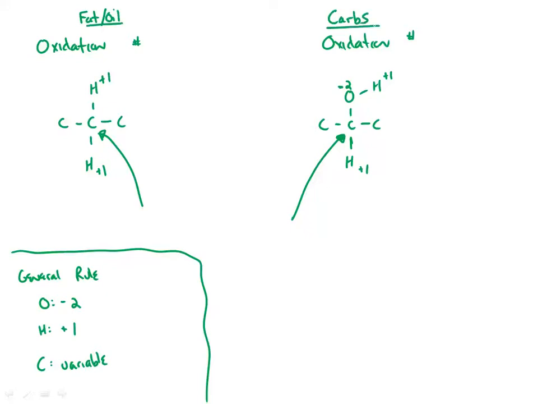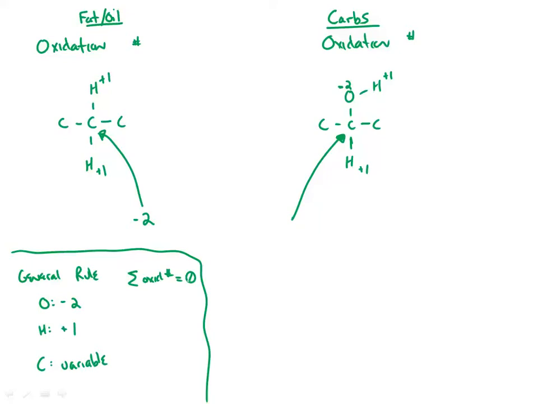If the hydrogens are +1, the carbon has to be a -2, right? Because remember, the sum of the oxidation numbers has to be 0, or if it's a charged polyatomic, it has to equal the charge there.